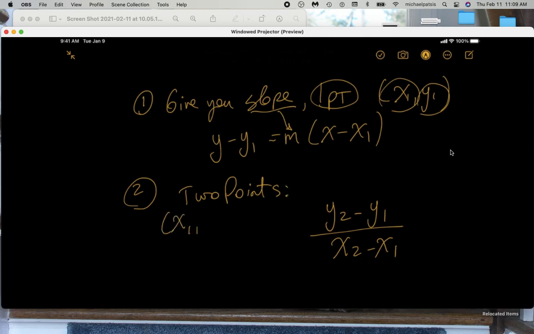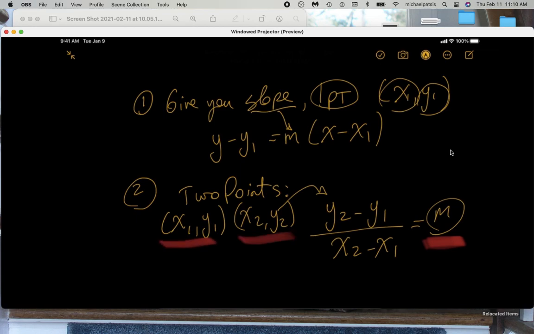They're going to give you x1, y1, and x2, y2. You plug everything in, then you find your slope. Now you are armed with a slope and 2 points. You could pick either one to create the point-slope formula.